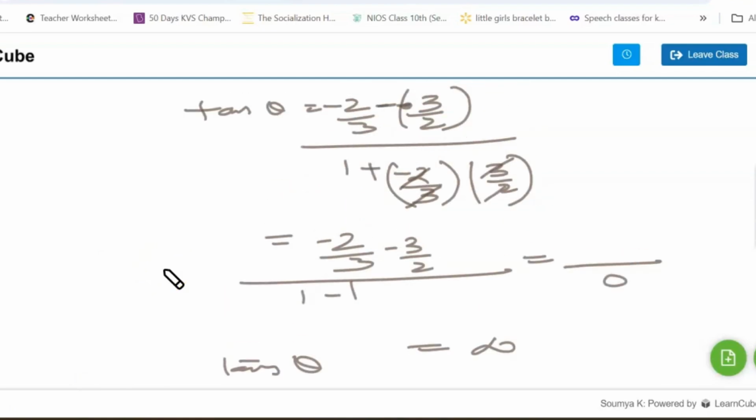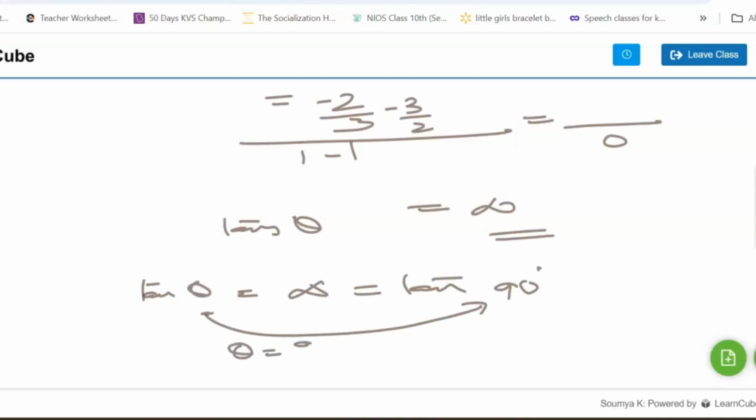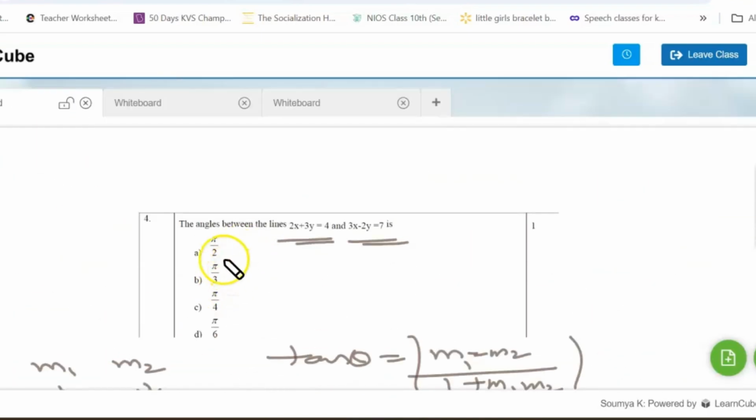After solving this equation, you will arrive at the solution as denominator is 0. So in that case, tan theta equal to infinity. Tan theta will be infinity when theta is 90 degree or pi by 2. So this is the correct option, C in the list. A is the correct answer.